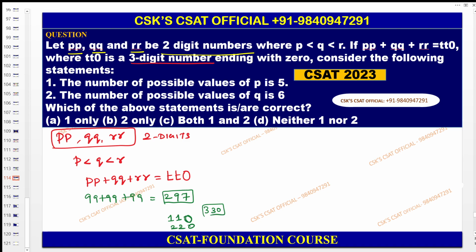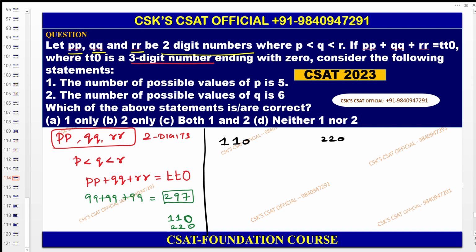No. Since even if applying all the maximum 2-digit numbers and their sum, the maximum here is 297 only. So therefore this can't be possible. So whatever be the PP, QQ, RR, the maximum is 297. So this is the first thing you need to note. But we need to get it in the format of TT0, which means it is possible either with 110 or 220. So this is the first thing you need to keep in your mind.